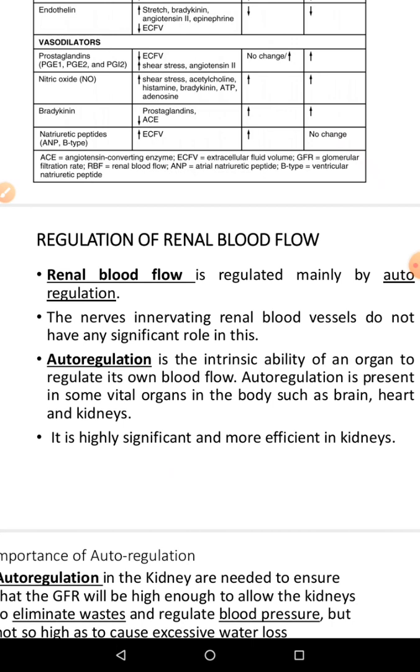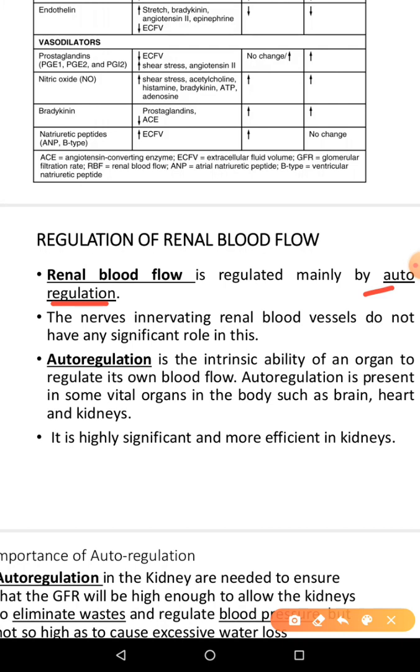Regulation of renal blood flow is mainly through autoregulation. The nerves innervating the renal blood vessels do not have any significant role in this. That's why following denervation, that is nerve supply to the kidneys, blood flow can still be regulated.